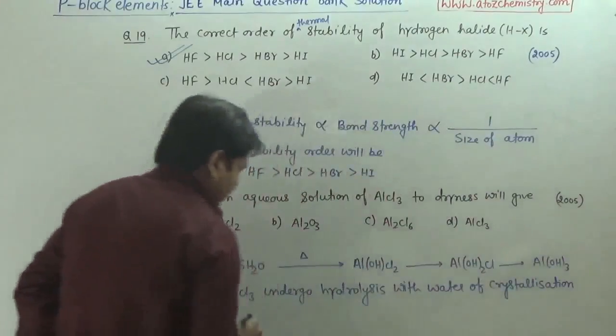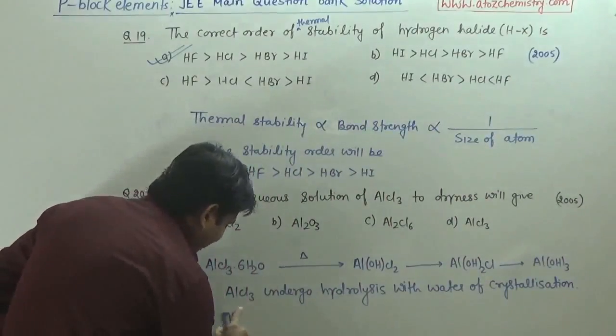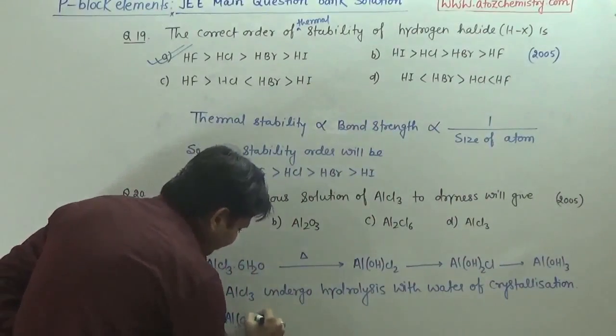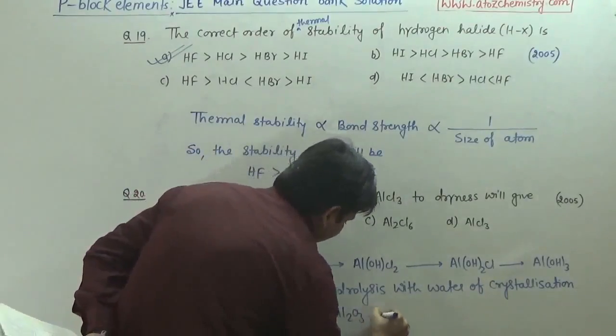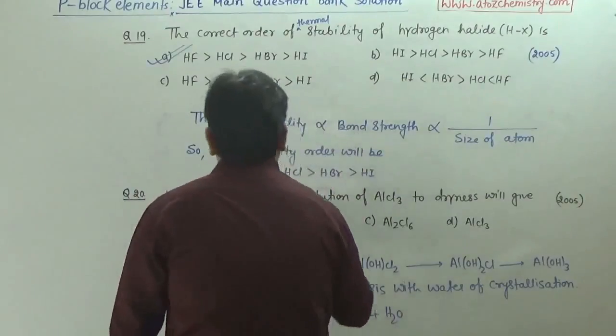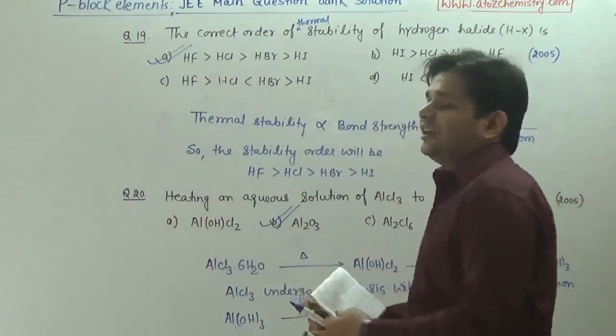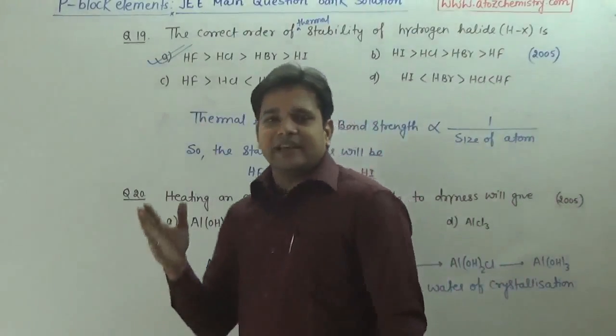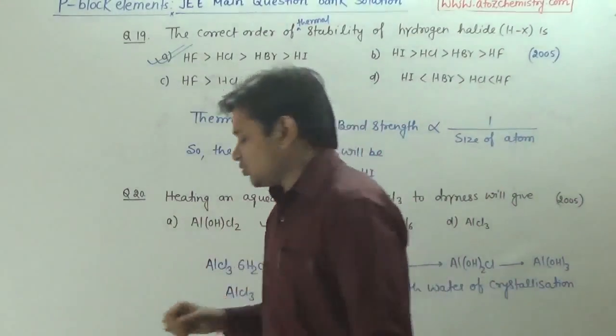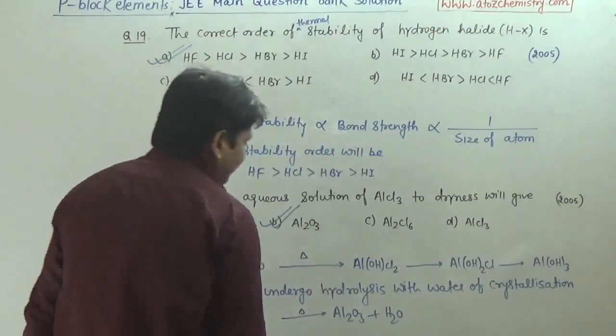Now if it is strongly heated to dryness, then Al(OH)3 produces Al2O3 plus water. So the final answer will be Al2O3 plus water. Al2O3 is the final product because AlCl3 undergoes hydrolysis with its own water of crystallization.